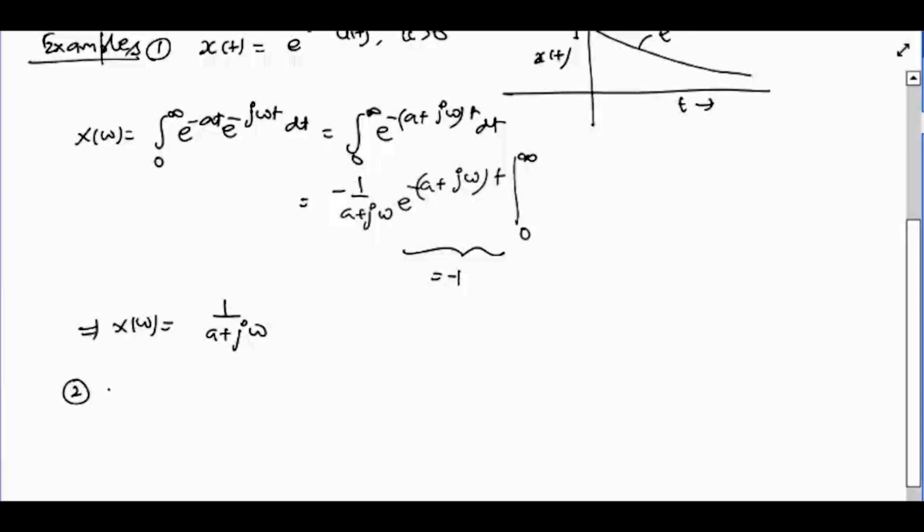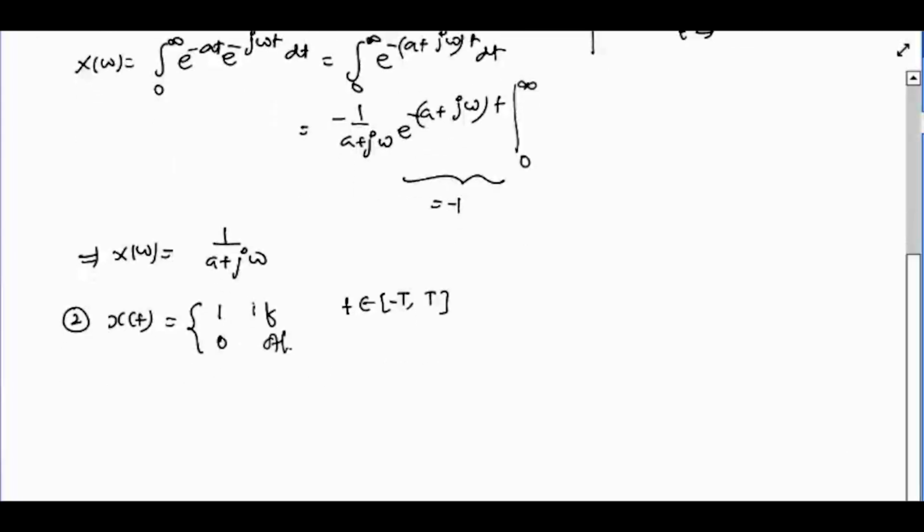Say x(t) is a pulse signal. So x(t) is 1 if t is in the range minus T to capital T and 0 otherwise. If we plot, this looks like the following. It's minus T, T, 1. Okay.